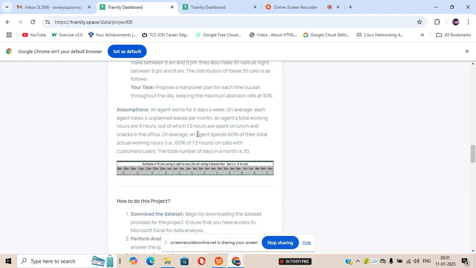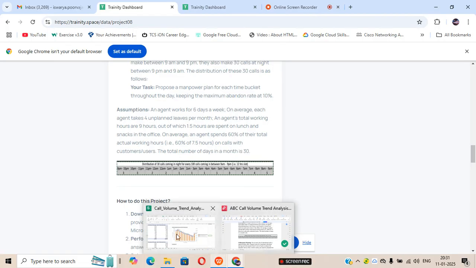On average, an agent spends 60% of their actual working hours, which is 60% out of 7.5, on calls with customers or users. The total number of days in a month is 30. Okay, this is the assumption they gave.